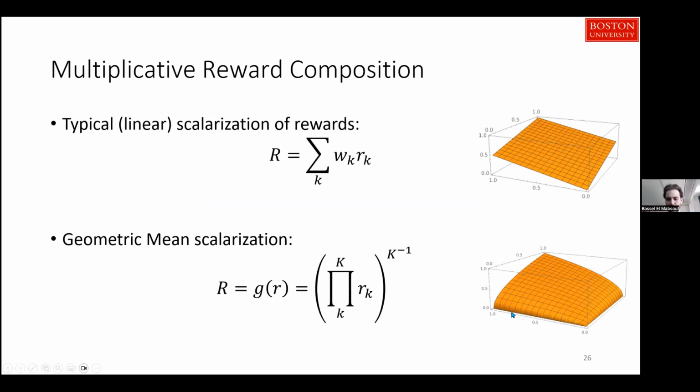But the point is, if one of them is 0, then this evaluates to 0, and the only way to improve is to focus on the lower performing goal. So if you want both goals to be satisfied, it makes sense that a better policy is one which maximizes the goal that is doing worse.